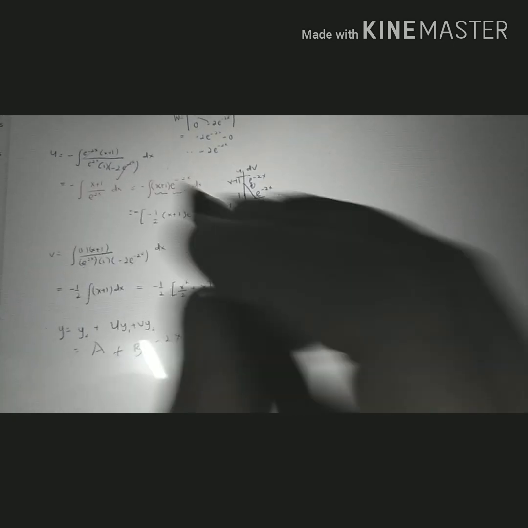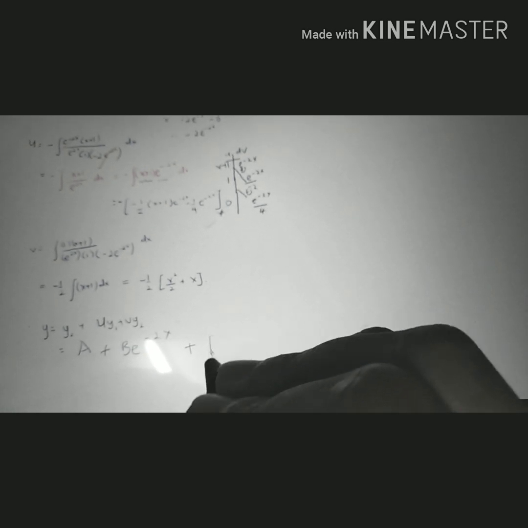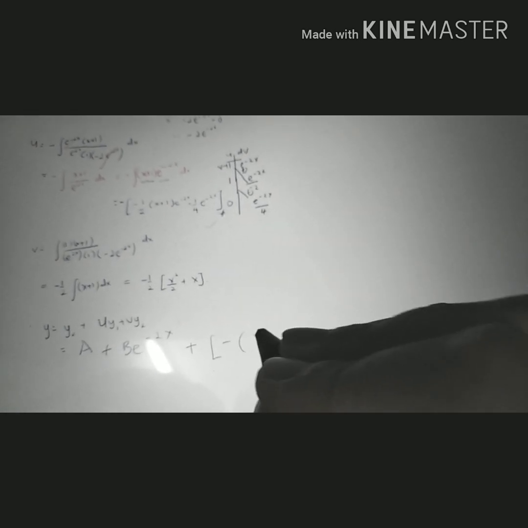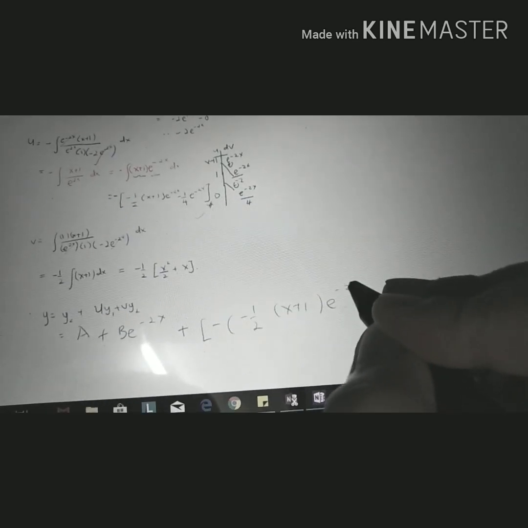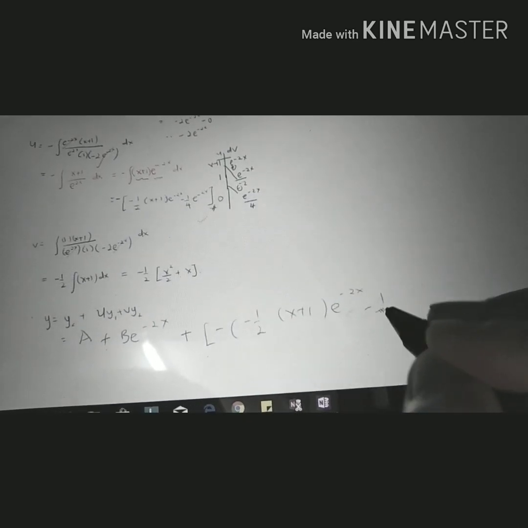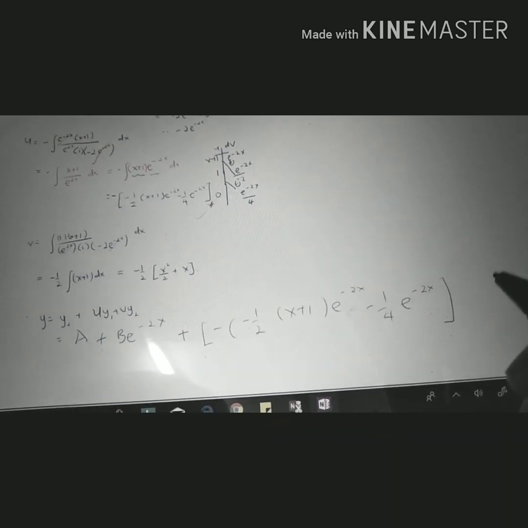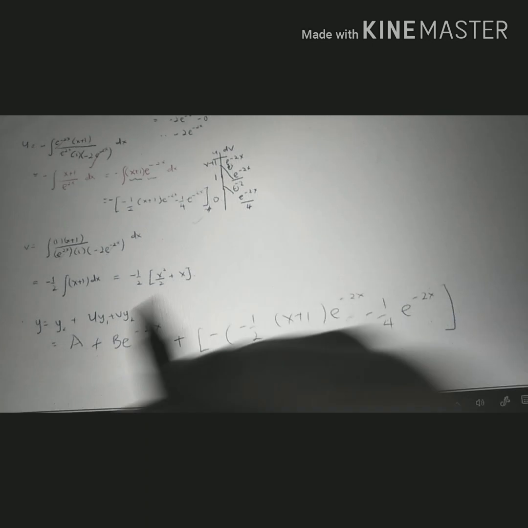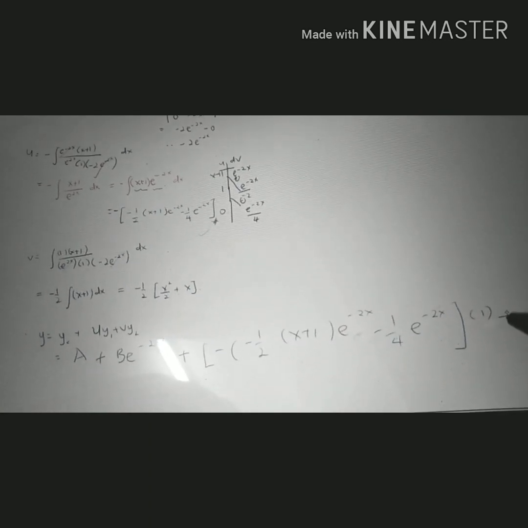What is u? u is negative half (x plus 1) e to the negative 2x minus 1 over 4 e to the negative 2x. This one is u multiplied by your y1, which is 1, plus your v.